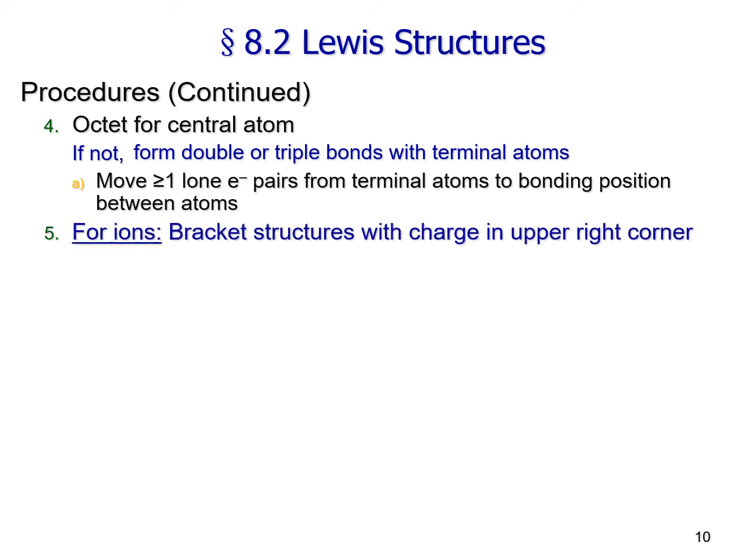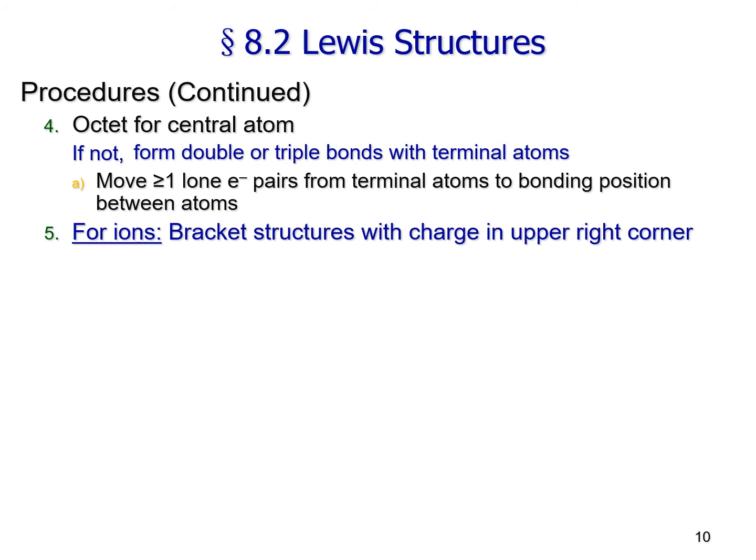For ions, polyatomic cations or anions, there's one more step. We simply bracket the structure with the charge on the upper right corner, because without a charge, people will realize that we have the wrong calculation on the number of valence electrons.